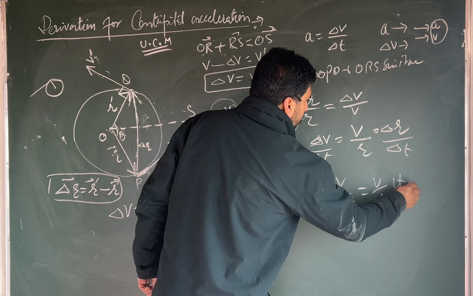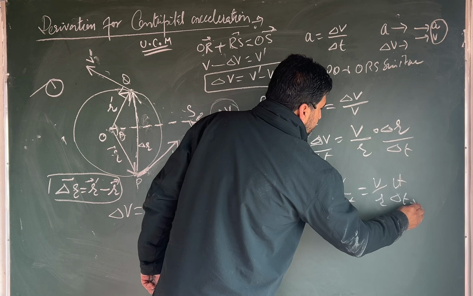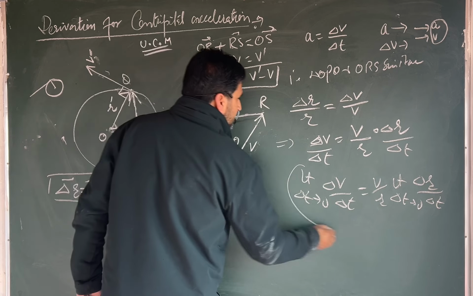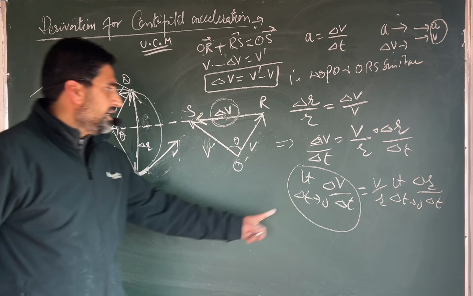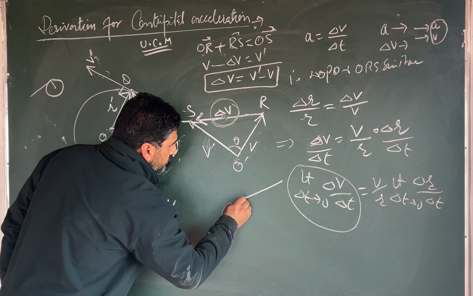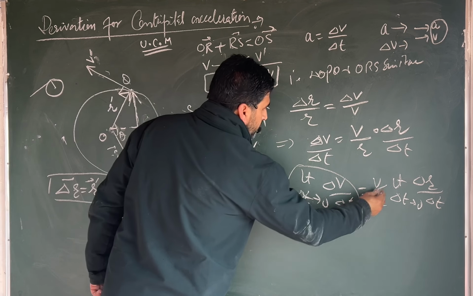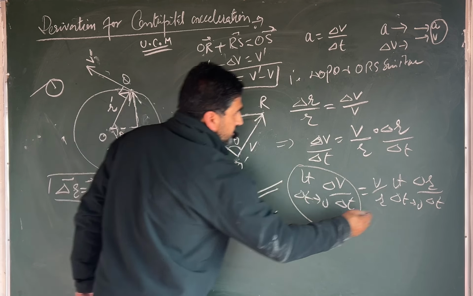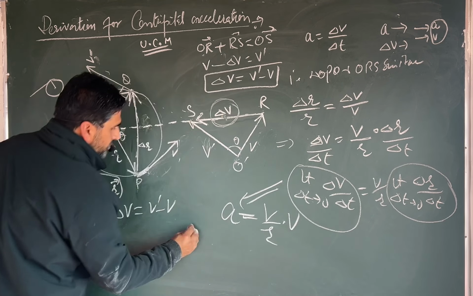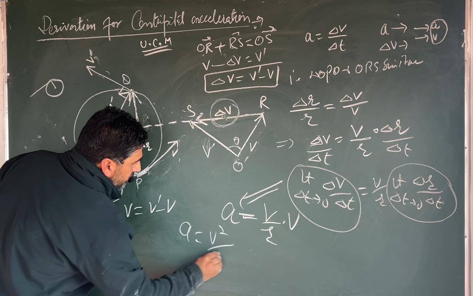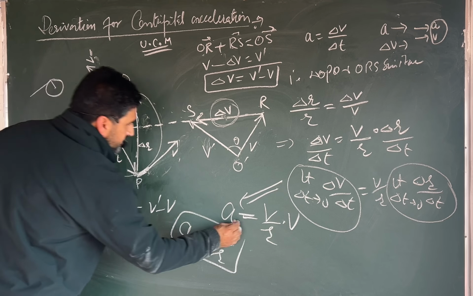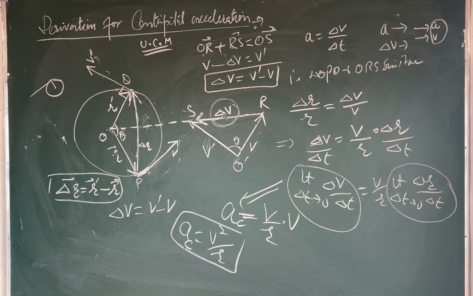Limit we only applied here on delta R by delta T. The rate of change of velocity is known as acceleration, and delta R by delta T, the rate of change of displacement, is known as velocity. So a is equal to V square by R. This is the expression for centripetal acceleration.